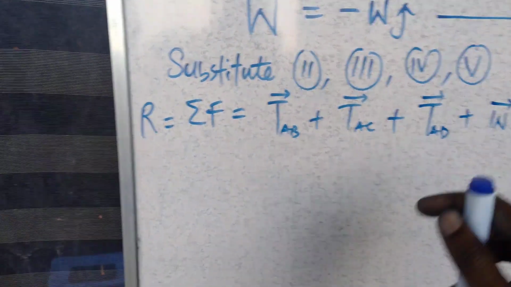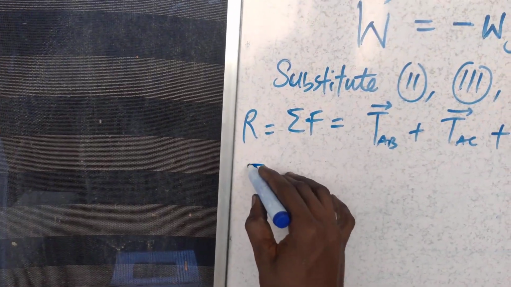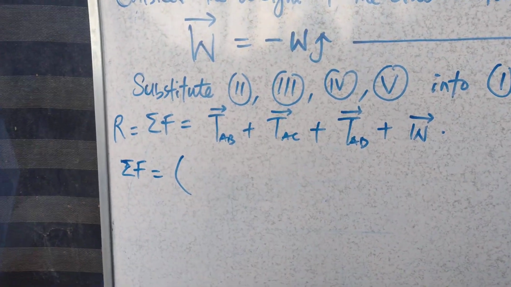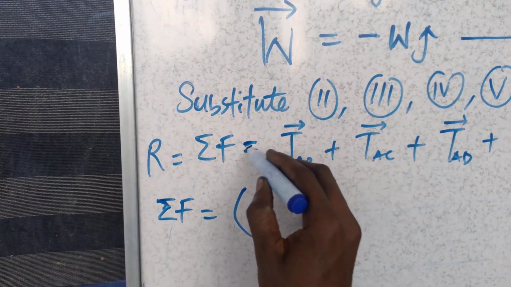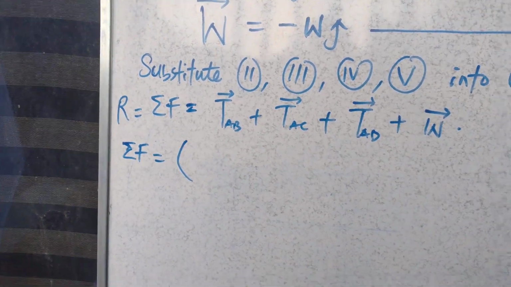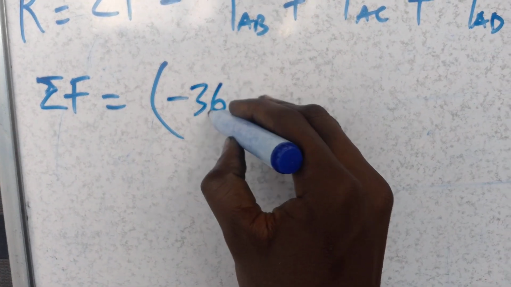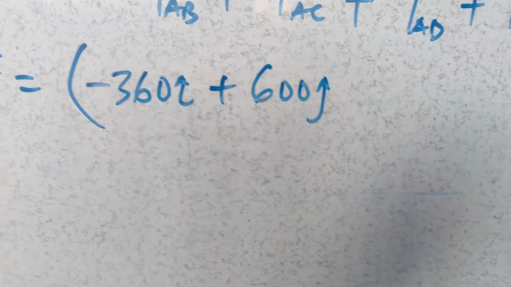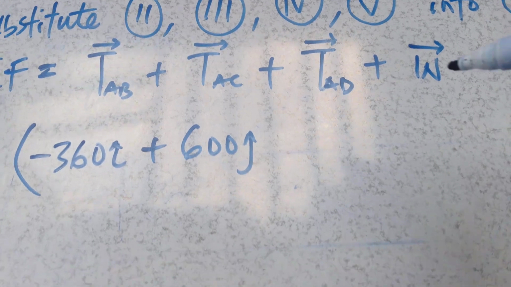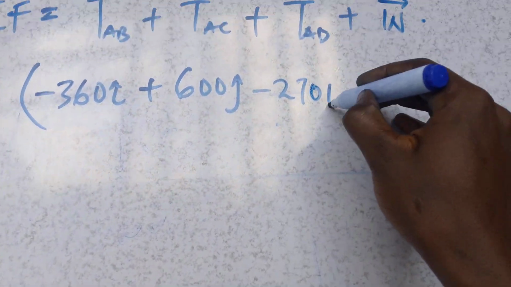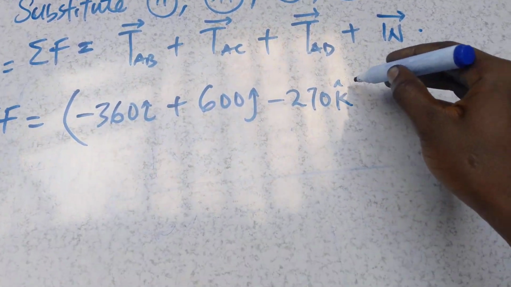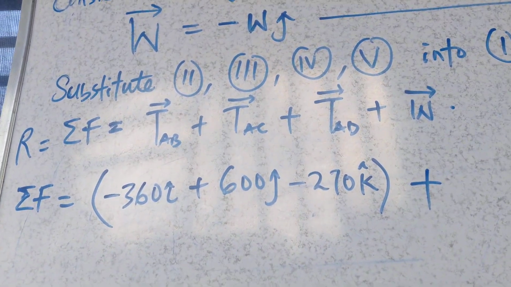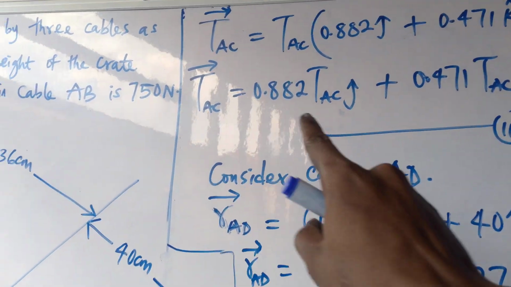So sigma F equals, substituting the vector TAB, minus 360 I plus 600 J minus 270 K, plus equation 3.